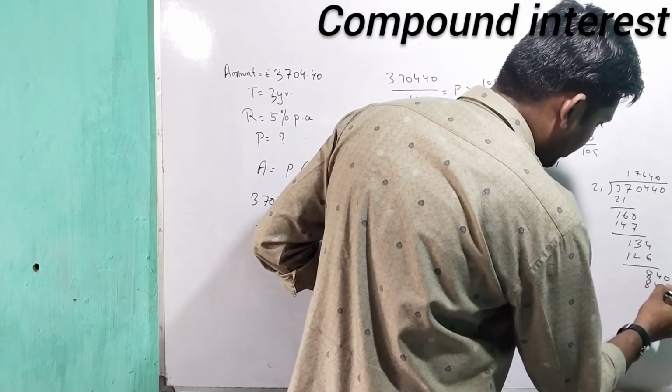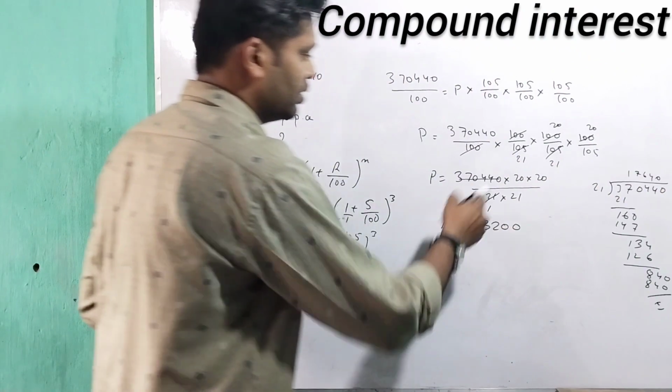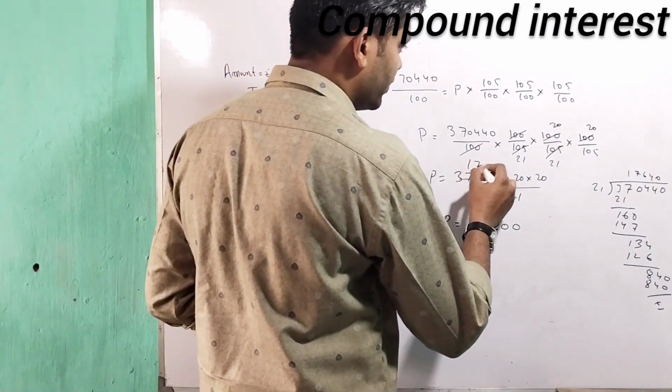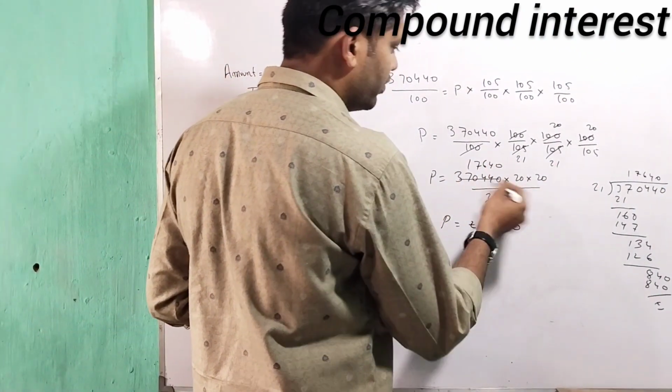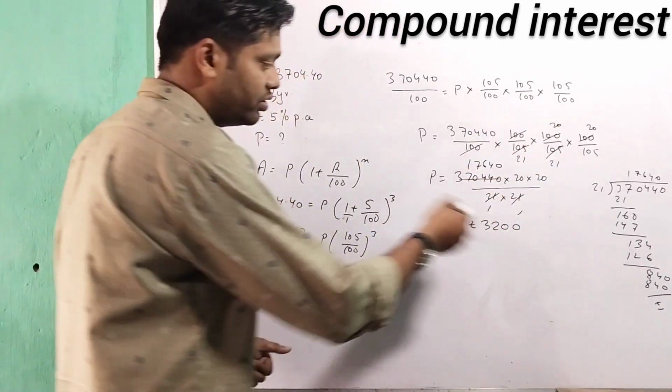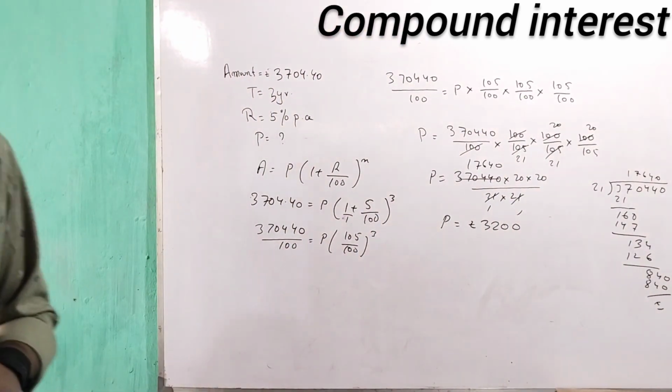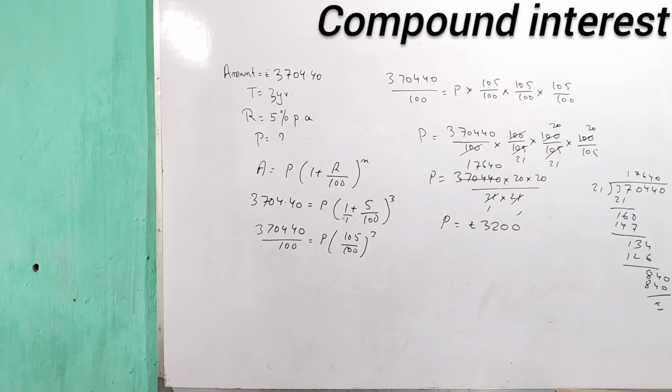Here 840, cancelable. So it will be 17640. Further it will be cancelable. 21 times 1 you can do, and you will get your answer 3220. So this is the way you will find out the principal, if this type of sum comes in your exam.